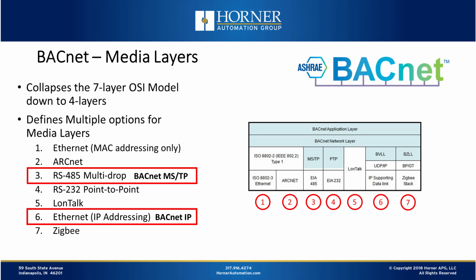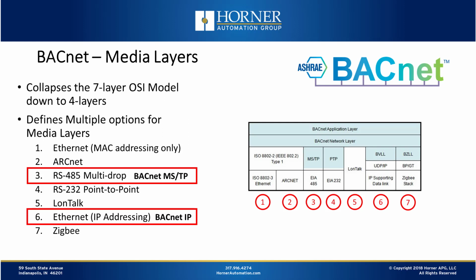Now, that being said, there are 2 that are overwhelmingly the most popular, and that is something called BACnet MSTP and another protocol called BACnet IP. So those really are what get a lion's share of the installations today, especially BACnet IP. BACnet MSTP is a RS-485 based network, so it has the disadvantages of not having really the throughput and the speed that you can achieve with BACnet IP.